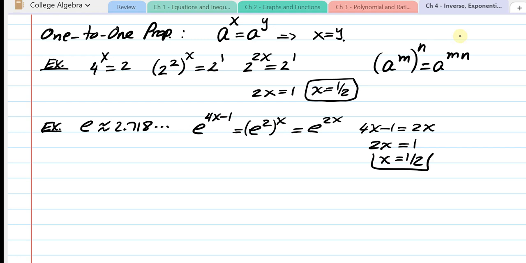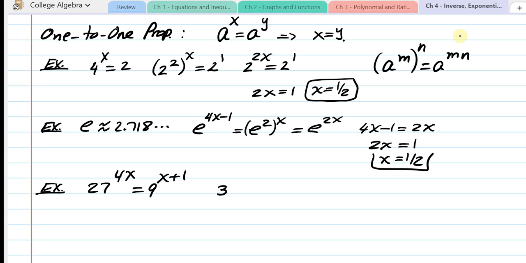Let's take a look at another exponential equation. In this example, suppose I have 27 to the 4x equal to 9 to the x plus 1 now. Remember, we need to have common bases, and we don't at the moment. The common base between 9 and 27 would be 3.